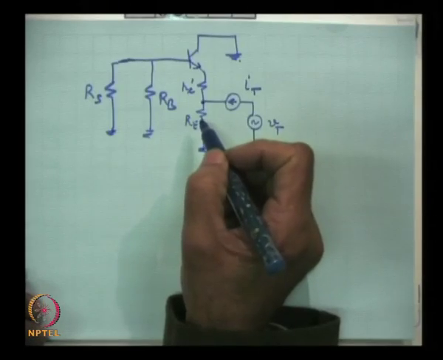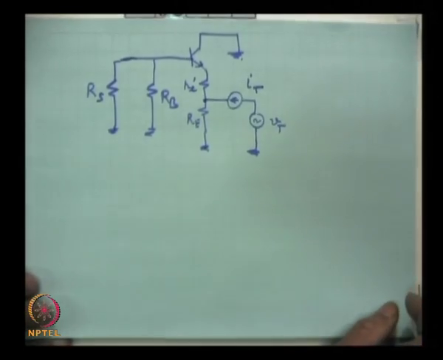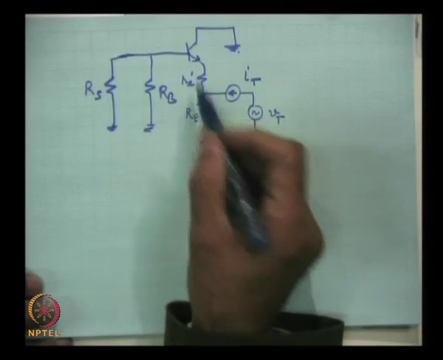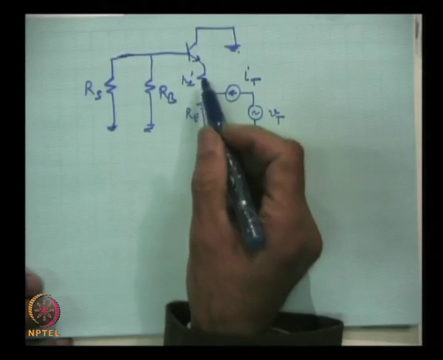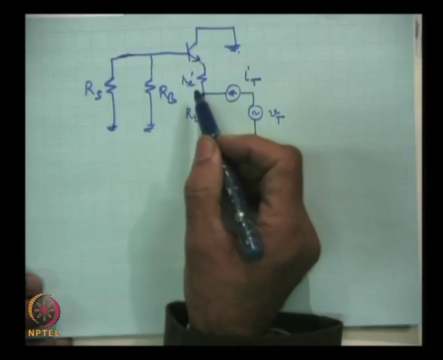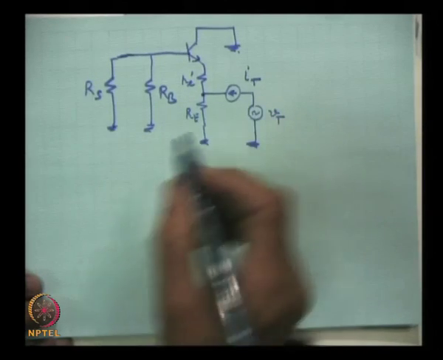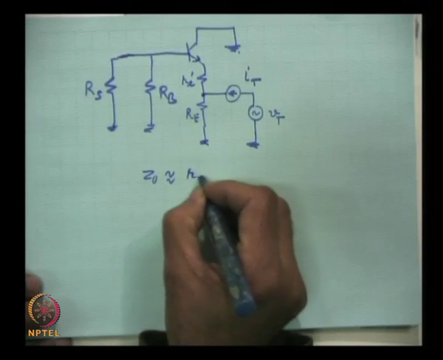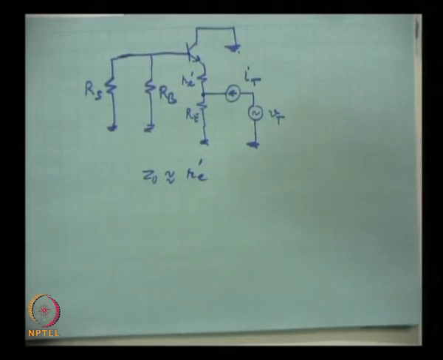So, intuitively we can see that the output impedance of the emitter follower will be equal to this resistance, because these two resistances are almost in parallel. This is high resistance. So, Z0 will be equal to Re prime, which is very low.